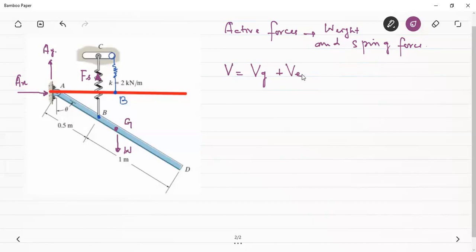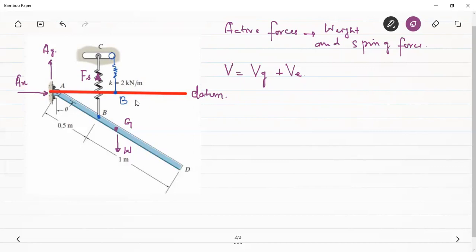Now, for finding the gravitational potential energy, we need to specify the datum. Therefore, let me specify this horizontal line passing through the point A to be the datum. So what is the distance of the center of gravity from the datum?